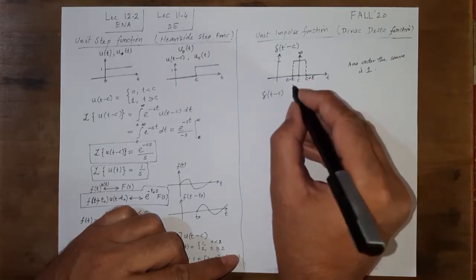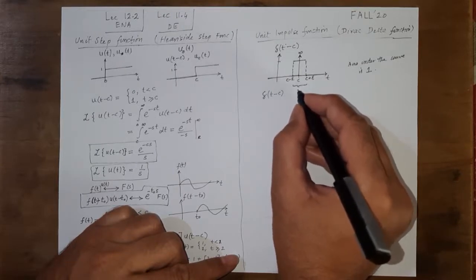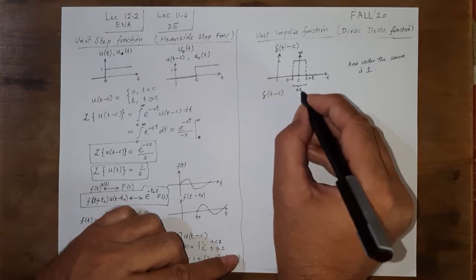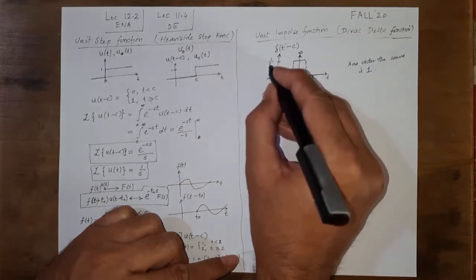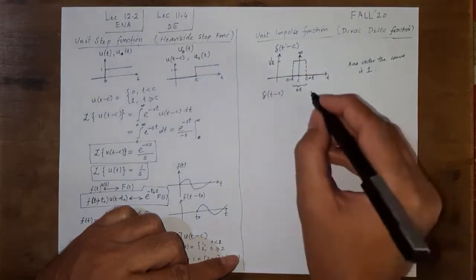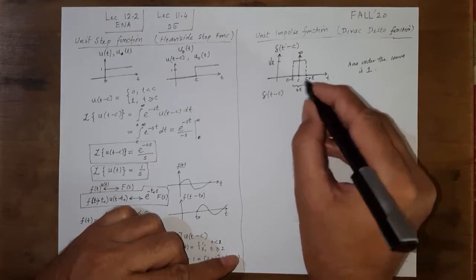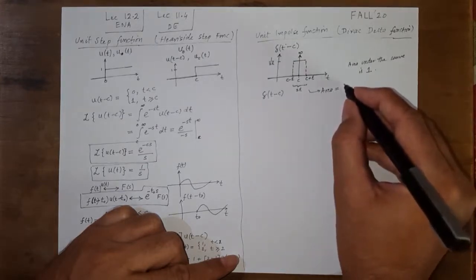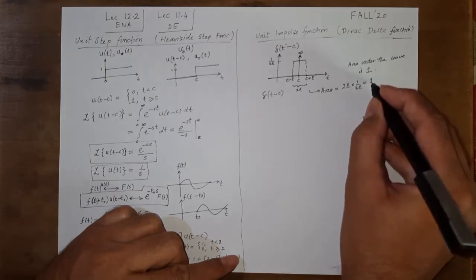So what is the width of this pulse? The width is 2 epsilon, and if the height is now 1 over 2 epsilon, you can see the area of this rectangular pulse will be 2 epsilon into 1 over 2 epsilon, which is 1.